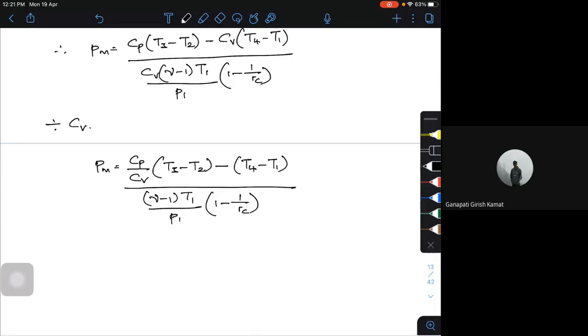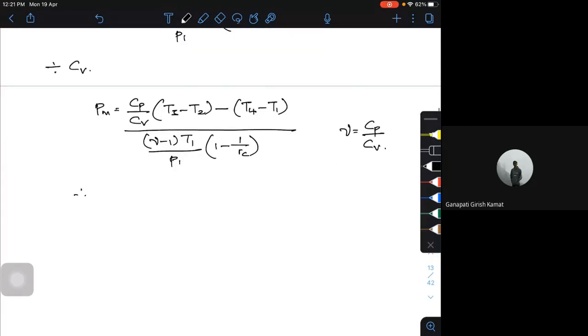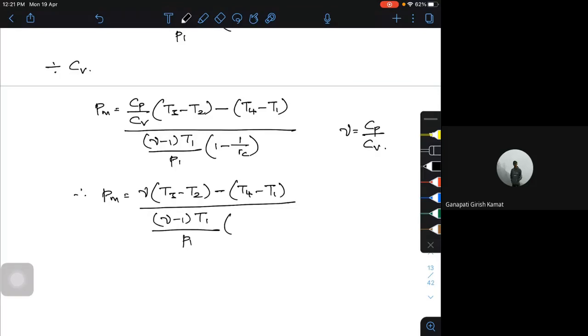What is Cp by Cv? It is gamma, the ratio of specific heats, as we already know. So I'll substitute that also. Therefore, Pm is equal to gamma into (T3 minus T2) minus (T4 minus T1), divided by (gamma minus 1) into T1 divided by P1 into (1 minus 1 by rc).